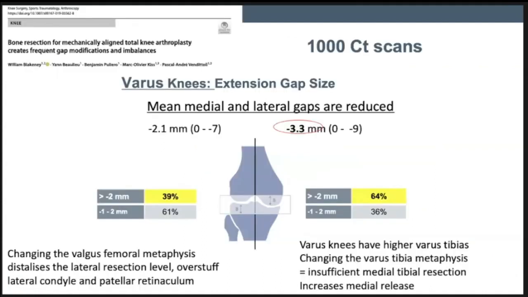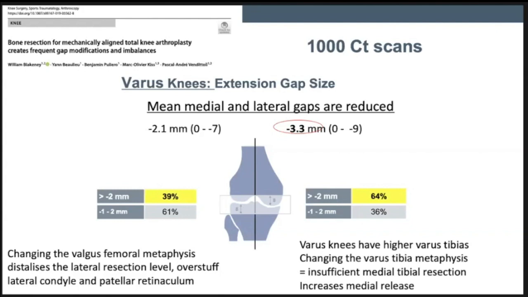In a more structured scientific study, we looked at a 3D reconstruction of 1,000 knee CT scans, and we looked at the gaps that were created by the mechanical alignment. As you can see here, the results are very similar to our previous demonstration.